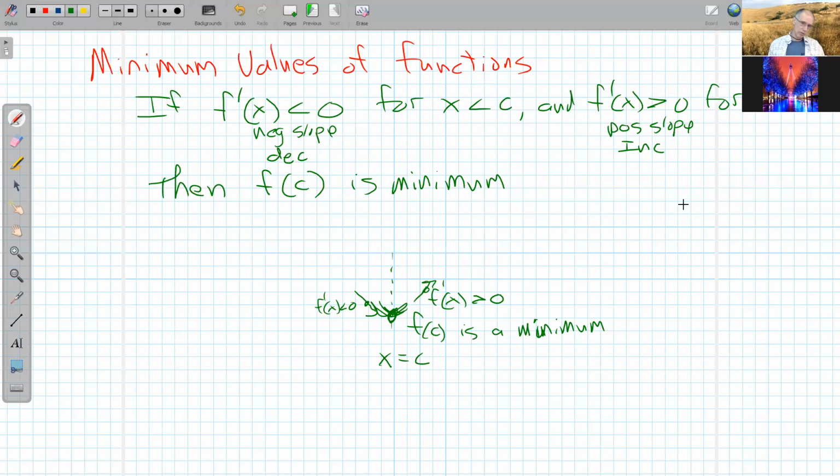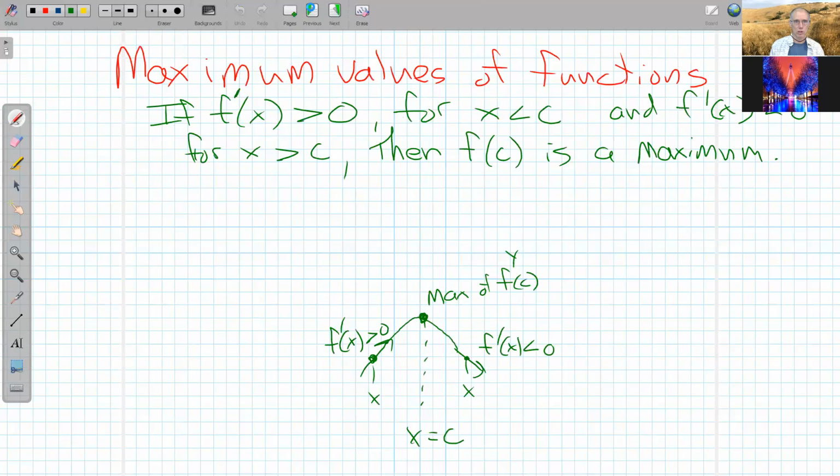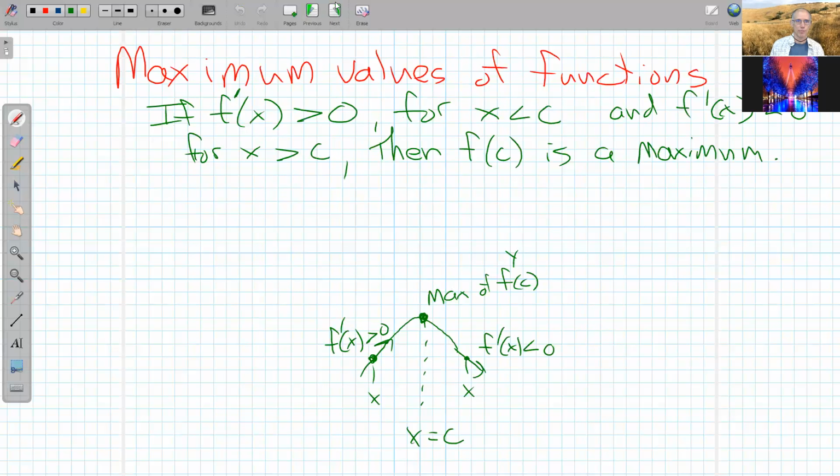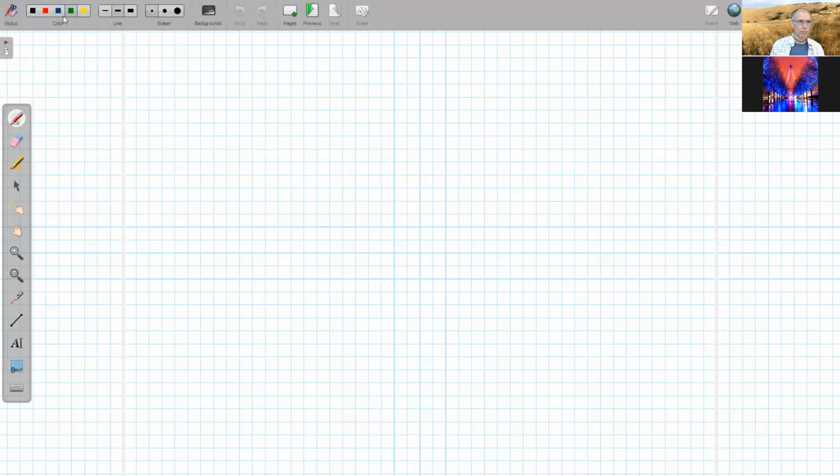So let's test that out for the function we were just playing with that we could see the graph of. We'll look at this function again, and we already have a bit of information about it. We know that the derivative is 0 at -1 or 6. So let's re-summarize that. f of x equals 2x cubed minus 15x squared minus 36x plus 1.